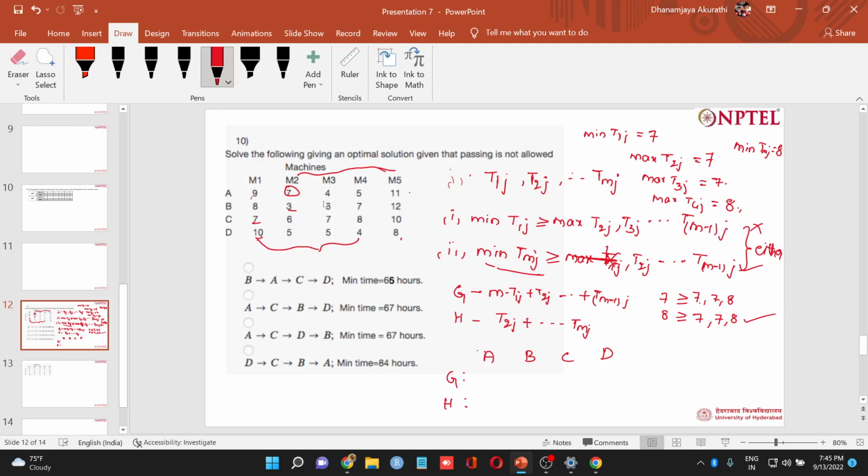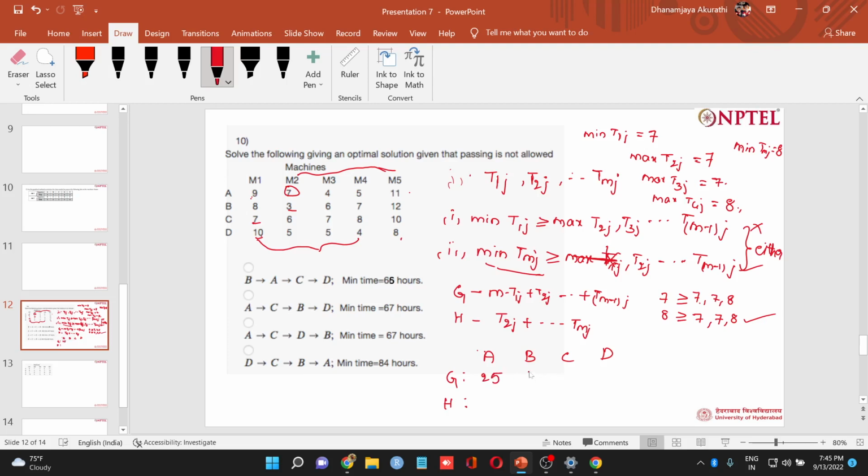While converting, the first mission has the sum of missions 1 to m minus 1, that means 1 to 4. Adding these up for A: 9 plus 7 plus 4 plus 5 is 25.